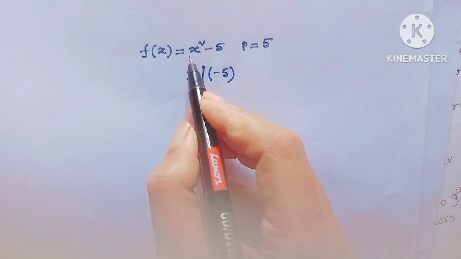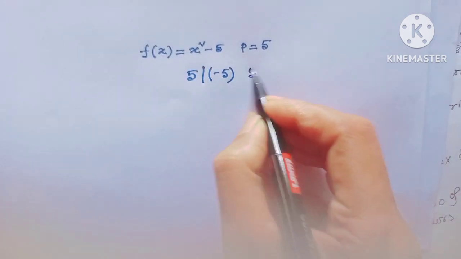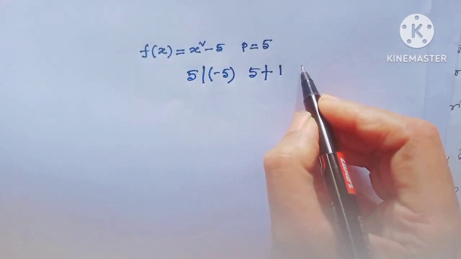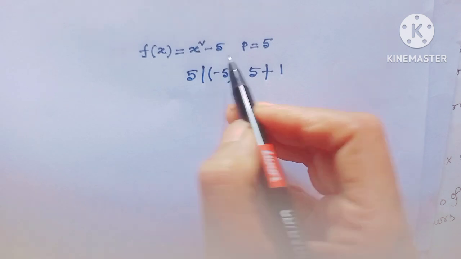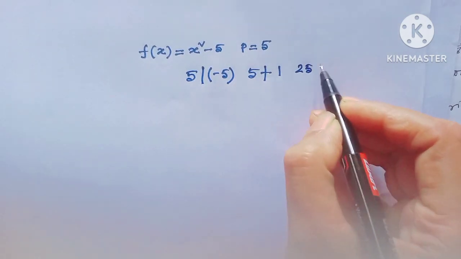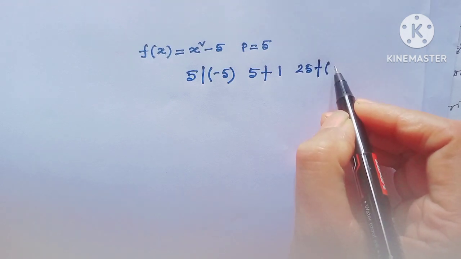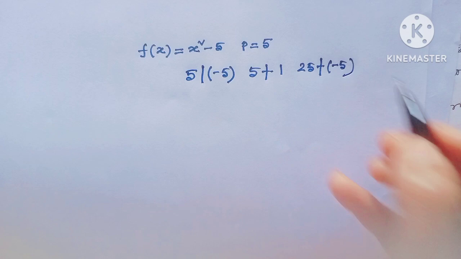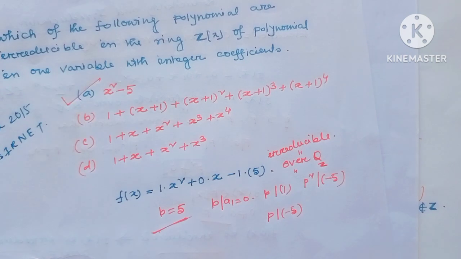Here an means the second degree coefficient, so the coefficient is 1. 5 does not divide 1. Also here a0 means minus 5. 25, that means p square, does not divide minus 5. So for p equal to 5, Eisenstein's criterion is satisfied. So this polynomial is an irreducible polynomial. So option A is the right option.